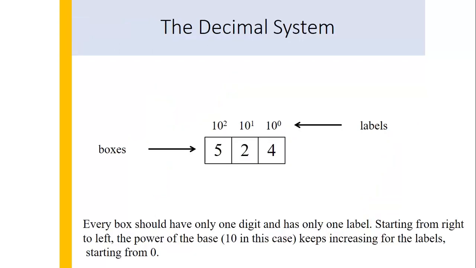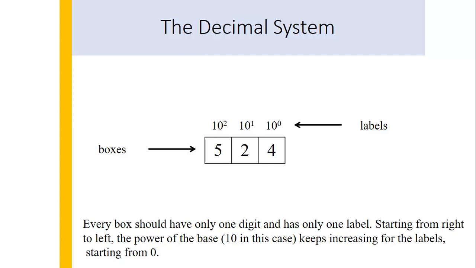For example, we take the decimal number 524. If you remember, we discussed this particular example by keeping each digit in one box. Every box should have only one digit and only one label. Because this decimal number's base is 10, we start from the right-hand side and give the power as 0, 1, 2.